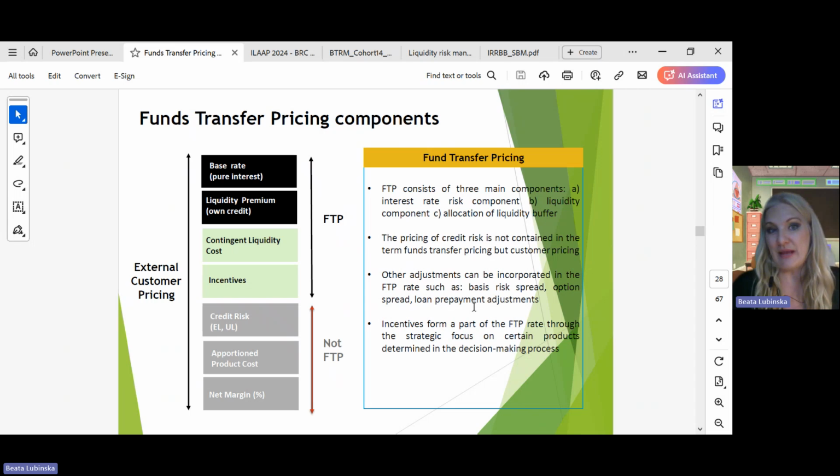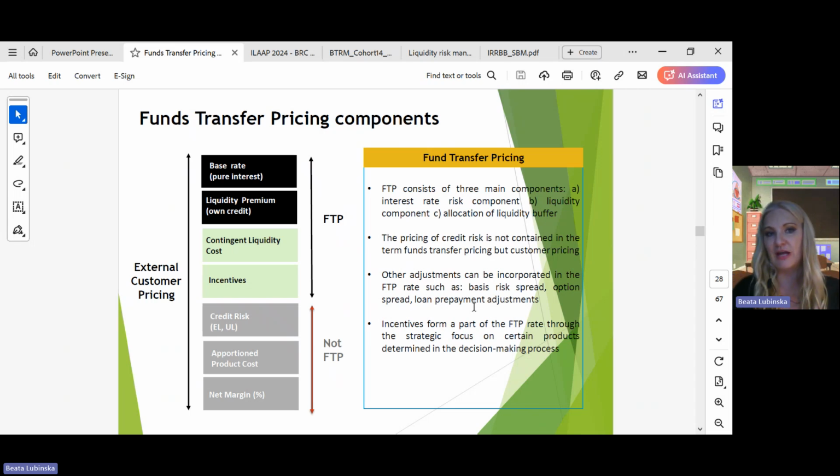Meanwhile, the high street banks have been there for many years. They have loyal customers and they don't need to pay so much for funding in comparison to the smaller bank. So this component is taken from the FTP curve, and we will talk about this in detail, how to construct each.